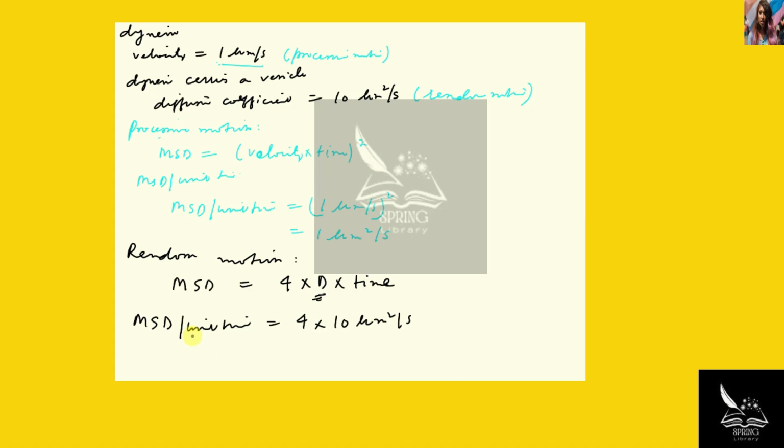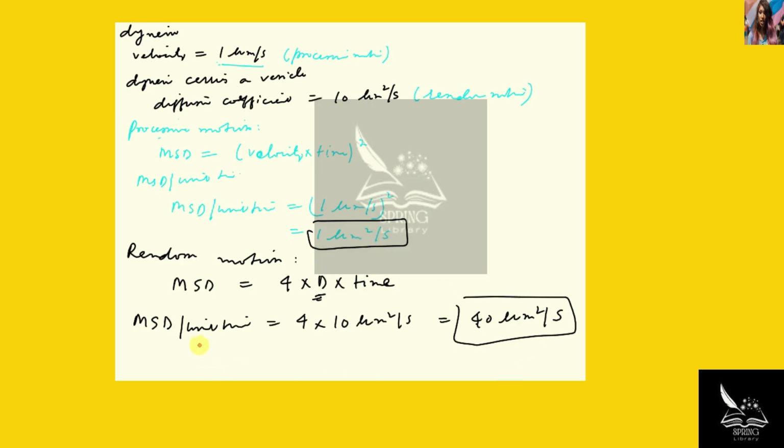Since we are measuring it per unit time, time will cancel as likewise here. So it will be equal to 40 micrometer square per second. This value for random motion is 40 micrometer square per second. For the processive motion, it is 1 micrometer square per second.